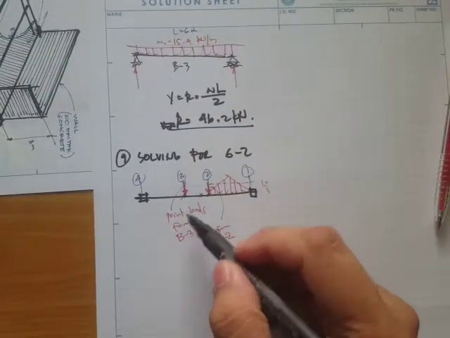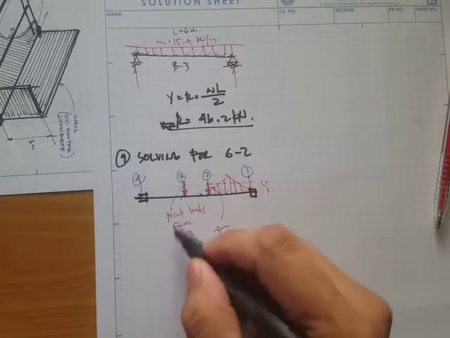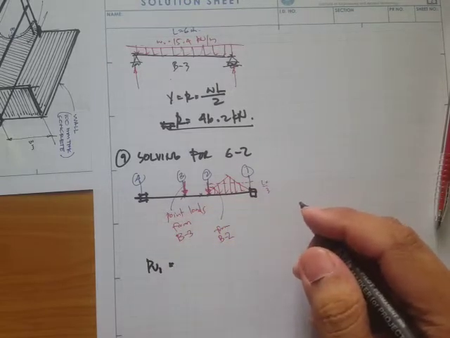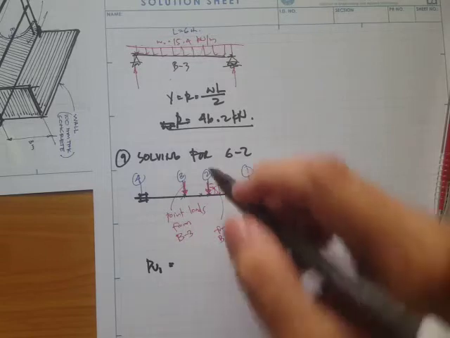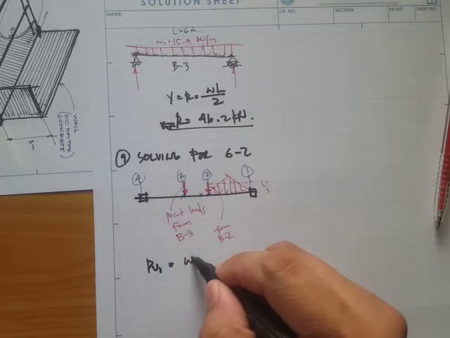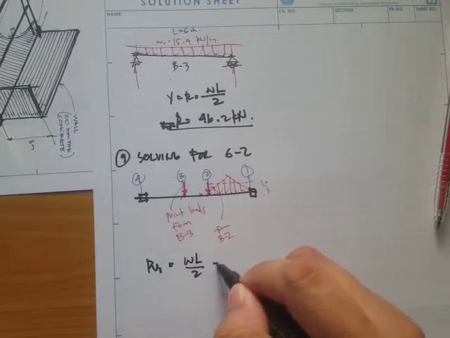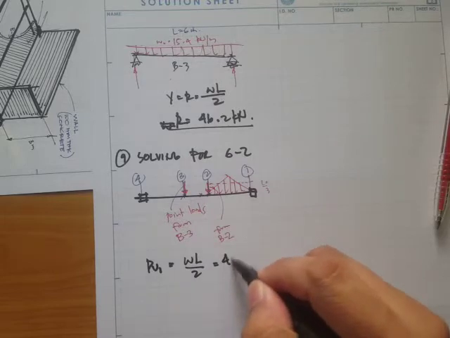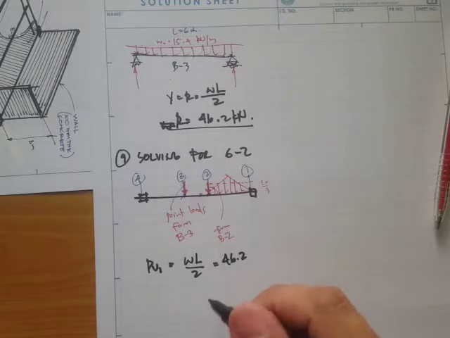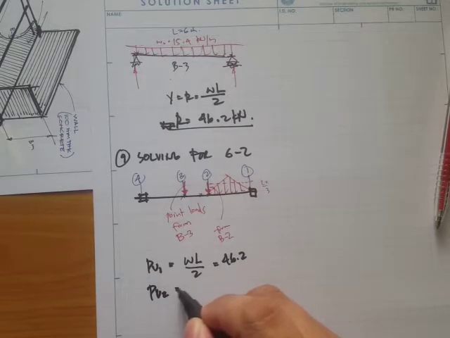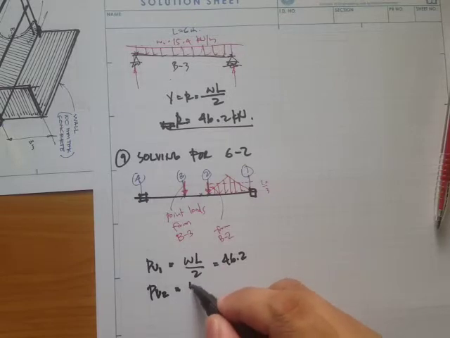So how do we get these point loads? Let's say this is PU-1. If you solve that using WL over 2, what you get is 46.2. That's from B-3, and then PU-2 from B-2.